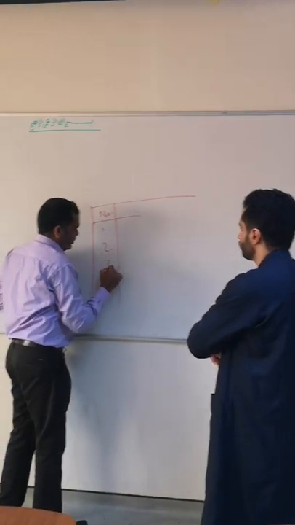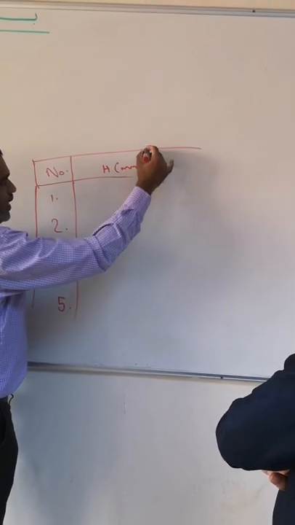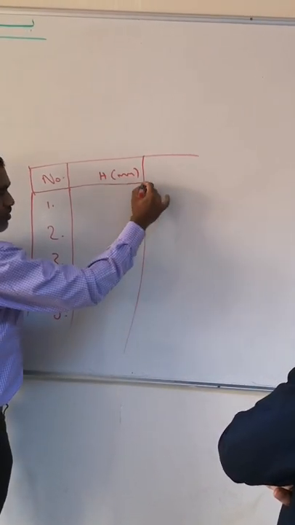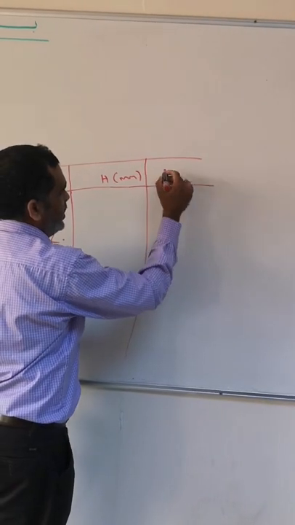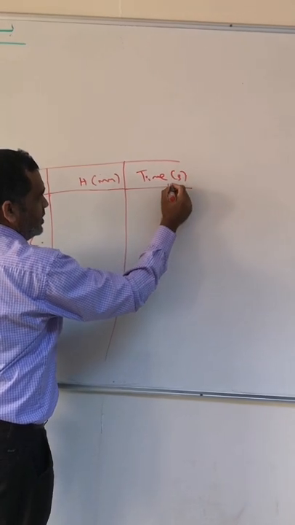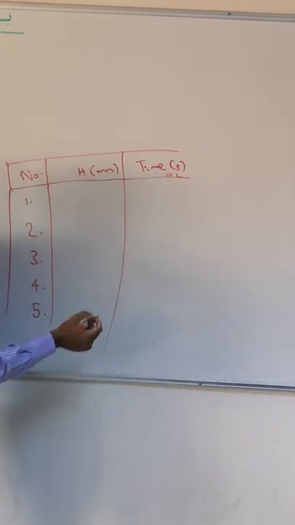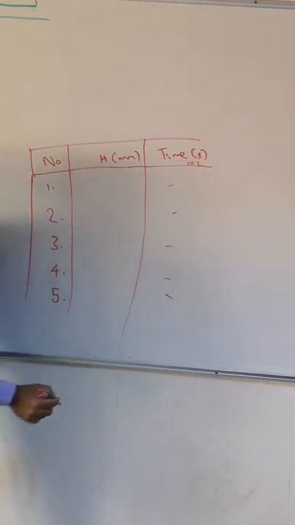What you have to measure is the height, and the time in seconds for 10 liters. You need to note the time for all the 5 runs.